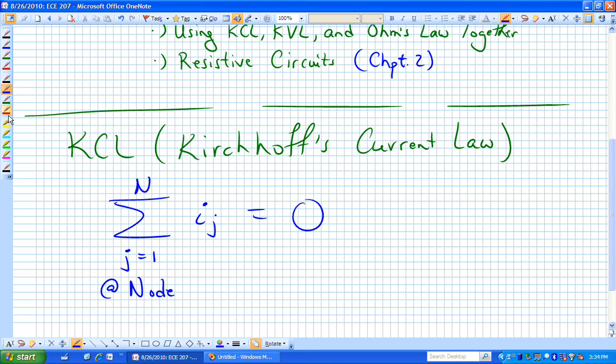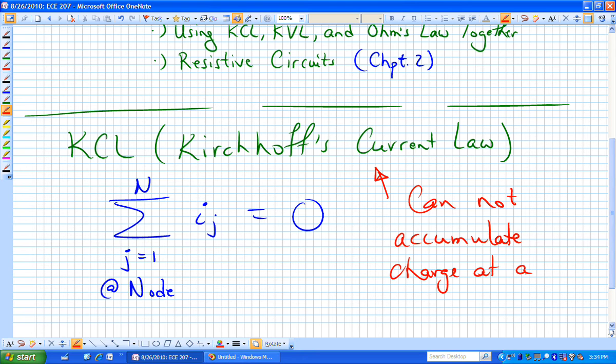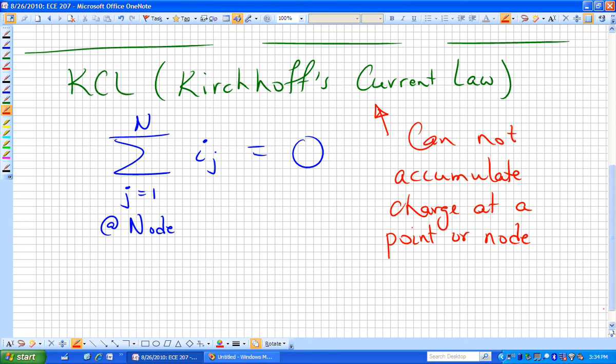Really what Kirchhoff's current law says is that you cannot accumulate charge at a point, which is really what we call a node. And what we mean by a point is not physically necessarily a point, it's an electrical point.